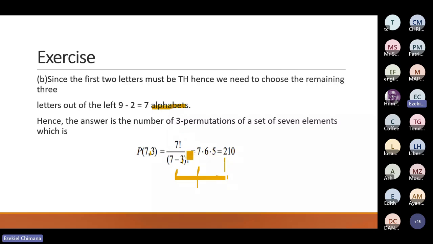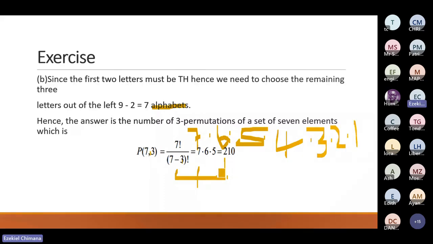Just because the 4 factorial at the top, we cancel with the 4 factorial at the bottom here. So you are going to have 7 times 6 times 5, and then 4, 3, 2, 1, all over 4 factorial.